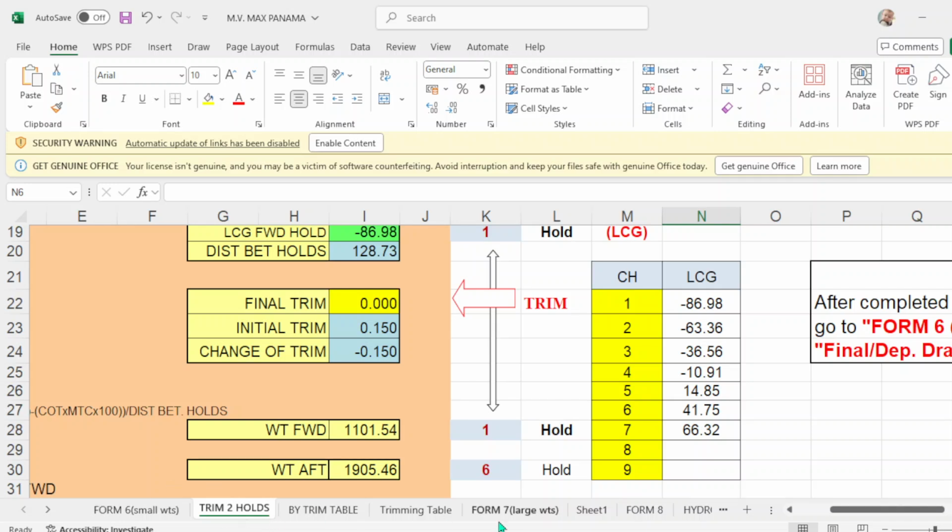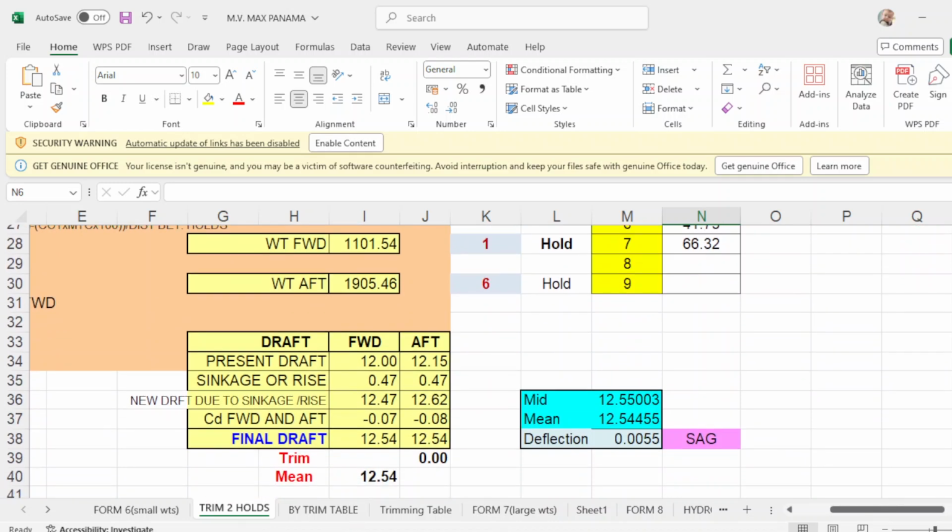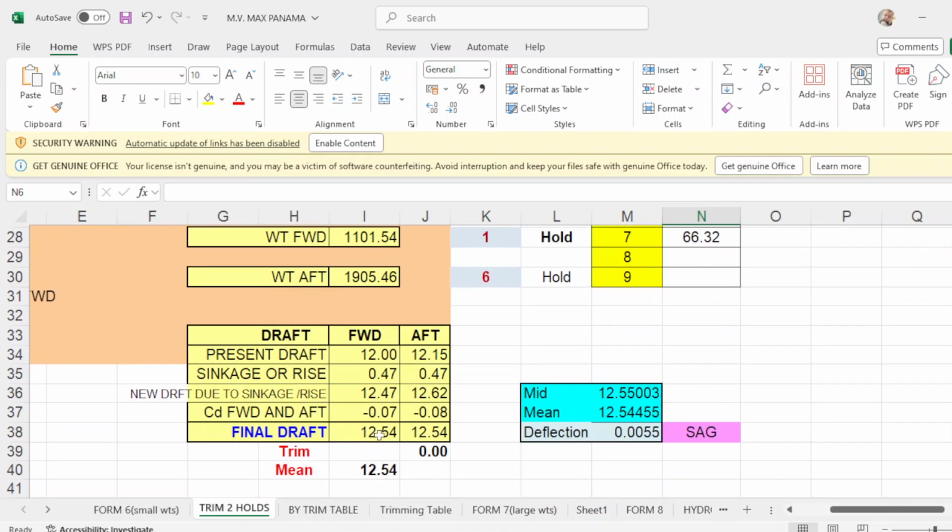1905. And your departure drop at even keel would be, forward will be 12.54, up drop will be 12.54, you have 0 trim, and your main is 12.54, so it's an even keel. And your deflection is 0. Your mid is 12.55 and main is 12.54.